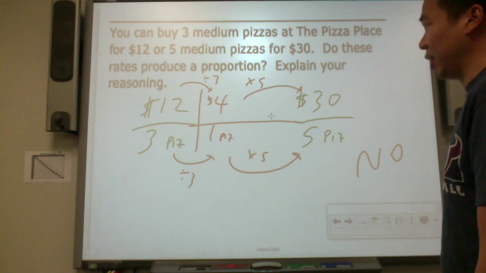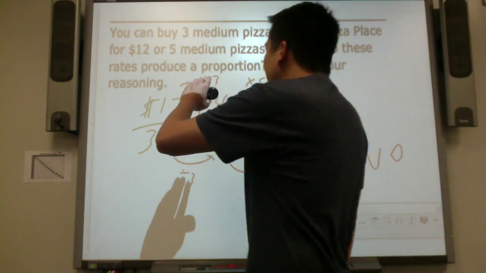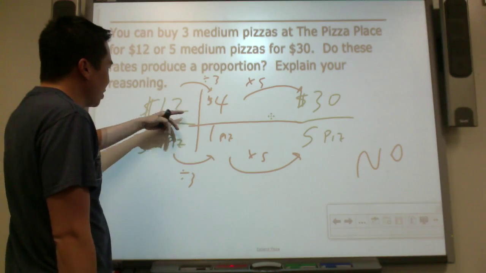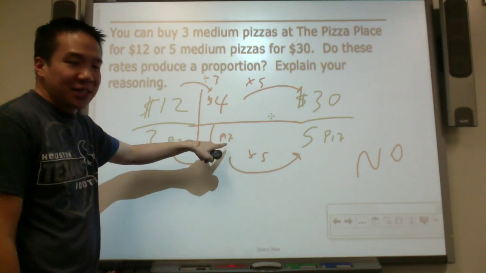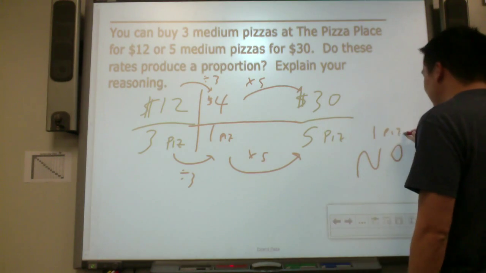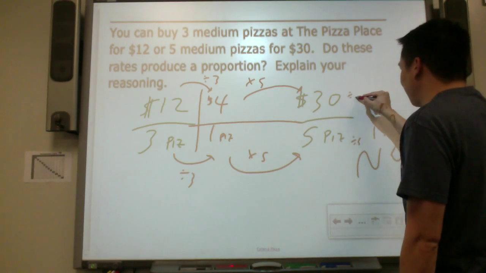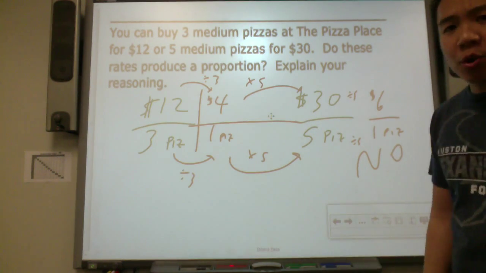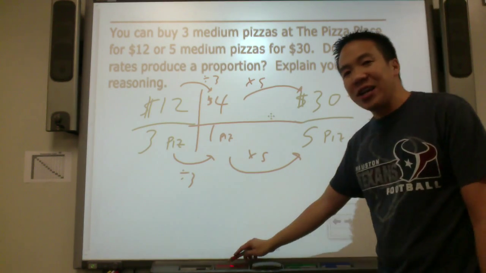No, they're not equivalent. Another way to think about it is unit rate. If you break this down by 3, it's $4 for every 1 pizza. If you had broken this one down, dividing by 5, it would have been $6 for every 1 pizza. So do they form a proportion? Are they equivalent? No, they are not.